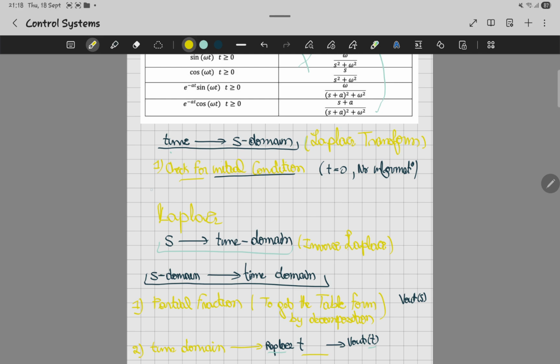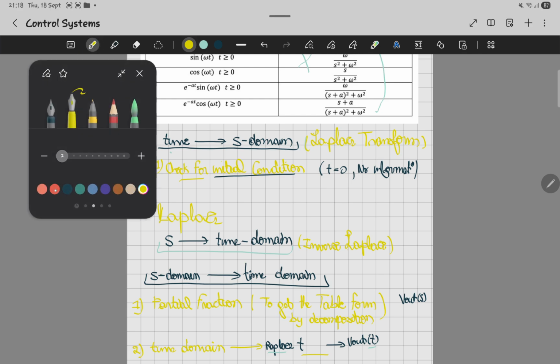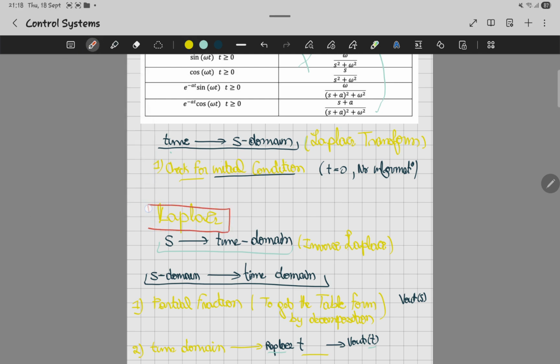What you see here is what we're going to use for Laplace. This is for Laplace, and this one is for the differential equation, or I can call it ODE. You need to pay attention to these rules. You need to check for initial condition when you convert from time domain to S domain.